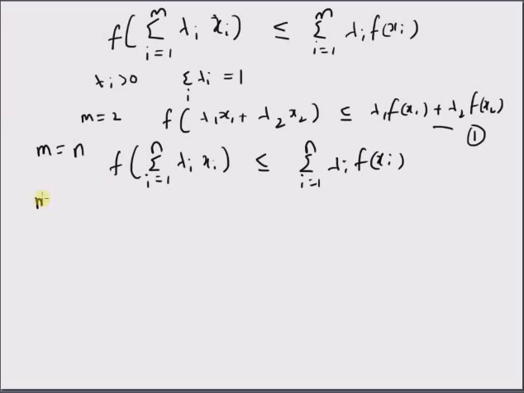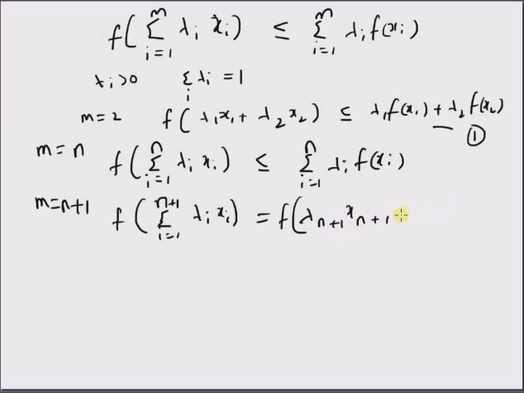So now put m equal to n plus 1 on the left hand side. So we get f of summation i equal to 1 to n plus 1 lambda i xi, which is equal to f of lambda n plus 1 x n plus 1 plus the summation i equal to 1 to n lambda i xi.